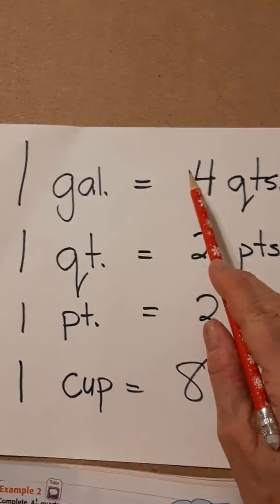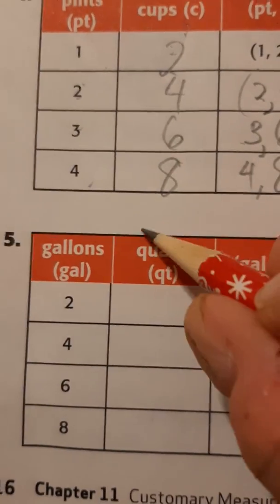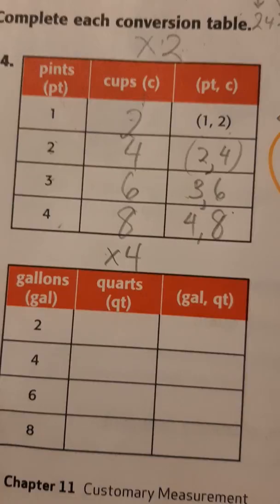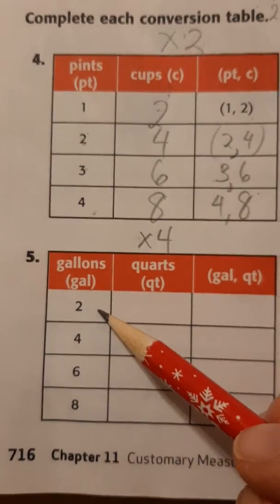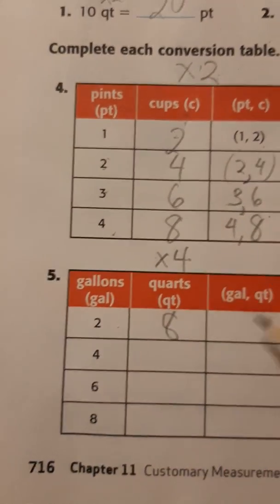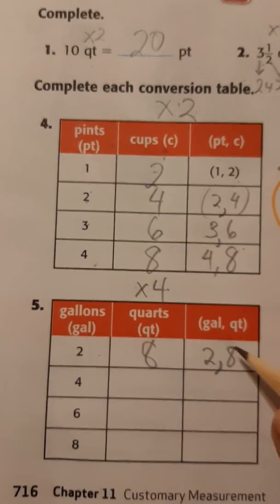How many quarts in a gallon? Well, 4. So we're going to multiply this by 4. So you write times 4 up here. Now it's a piece of cake. 2 times 4 is what? 8. Then you write 2 gallons to 8 quarts.